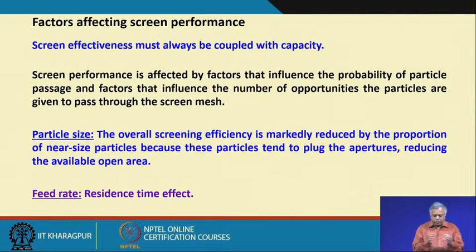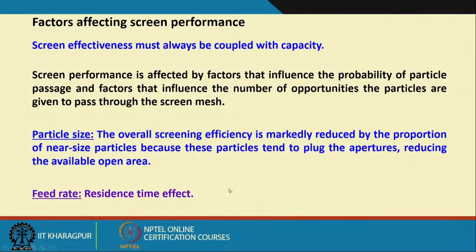Sometimes, because of some projected areas, they may get stuck in the screen surface. They will not only create problems in your mass balancing, because they report neither to the oversized fraction nor the undersized fraction, but the passage is also blocked. With time, your effective surface area of the screen will be reduced, and naturally your screen efficiency will be reduced.